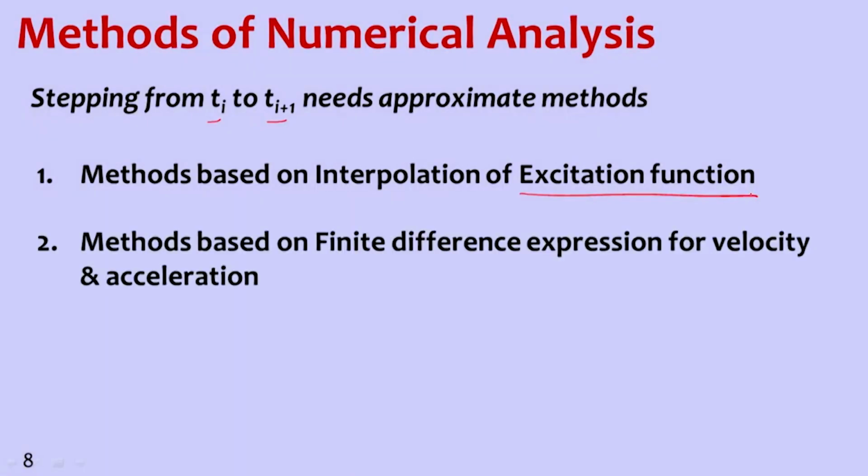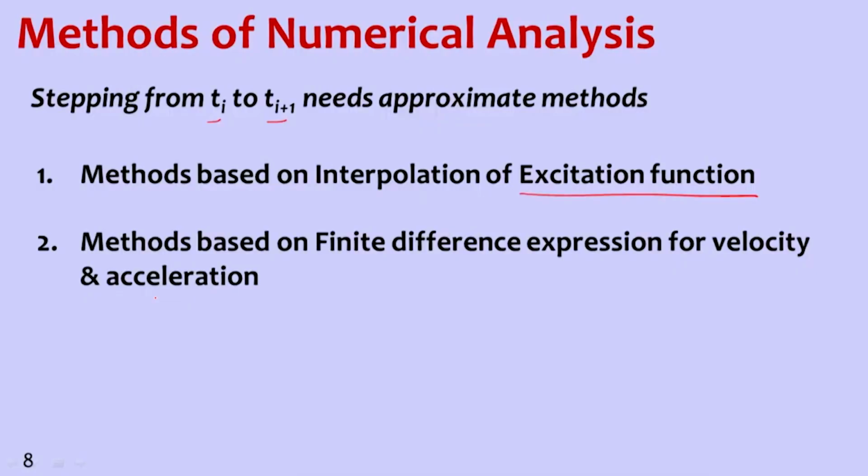The second is methods based on finite differences of velocity and acceleration. We are trying to find displacement as the solution of the dynamic equilibrium equation, and the derived quantities are velocity and acceleration. So these are methods based on finite difference expressions for velocity and acceleration.